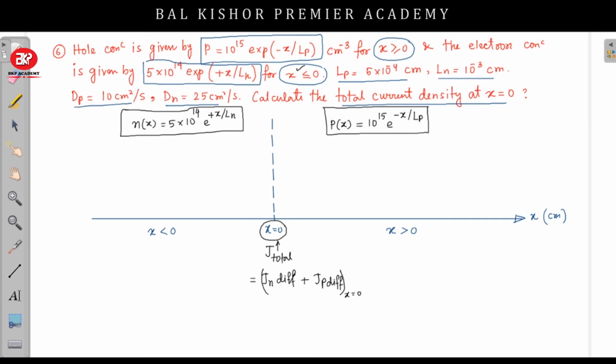So for that case, J total at x equals 0 is nothing but Jn diffusion at x equals 0 plus Jp diffusion at x equals 0.